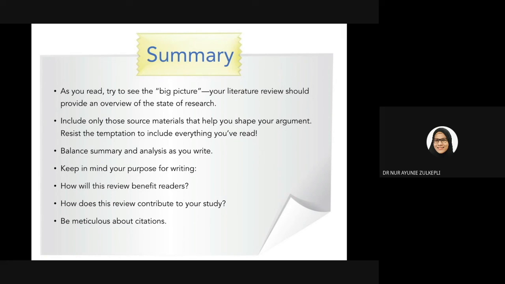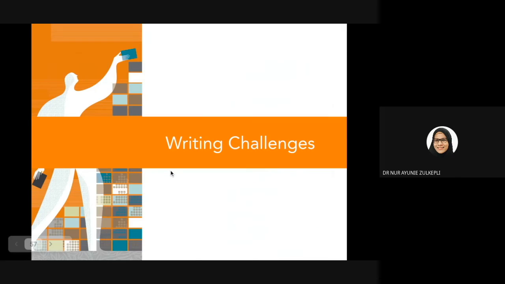Make sure to pick only topics of interest that relate to your review, and balance summary and analysis as you write. Keep in mind the purpose of writing, how this review will benefit readers, and how it contributes to your study, and be meticulous about your citation and referencing.